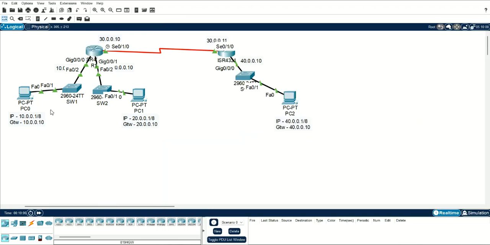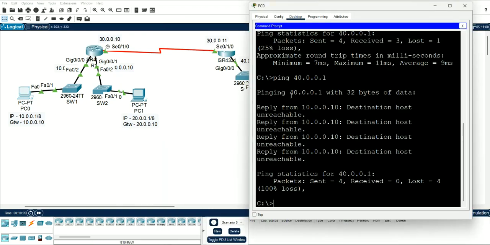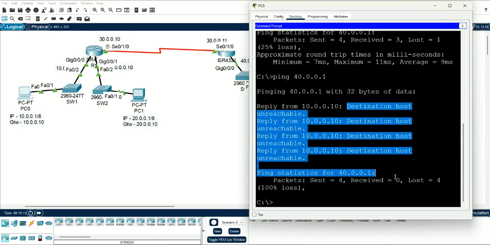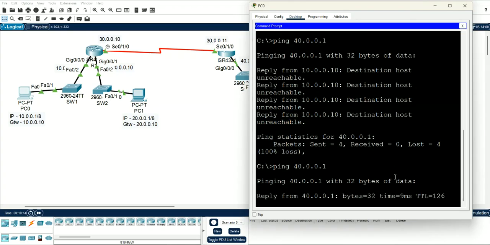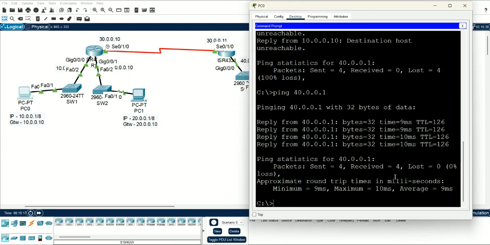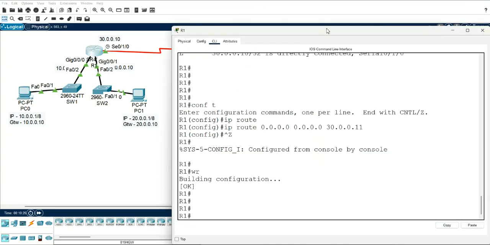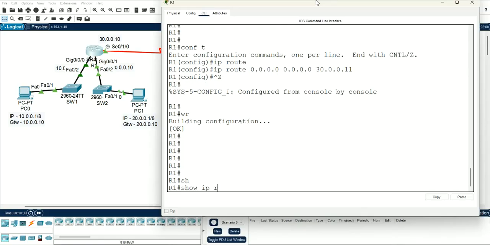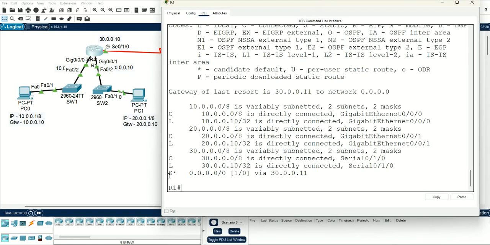Now you will be able to ping. Let's go ping again. Last time when I was pinging, it was saying destination host unreachable, but now it pings. It pings using what? Default route. We write the default route on the stub router.